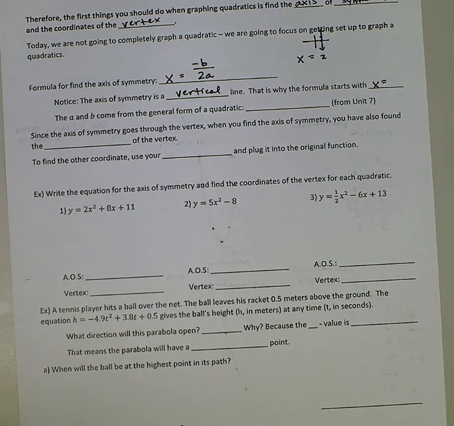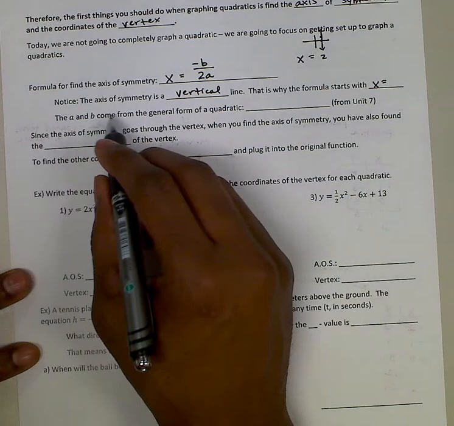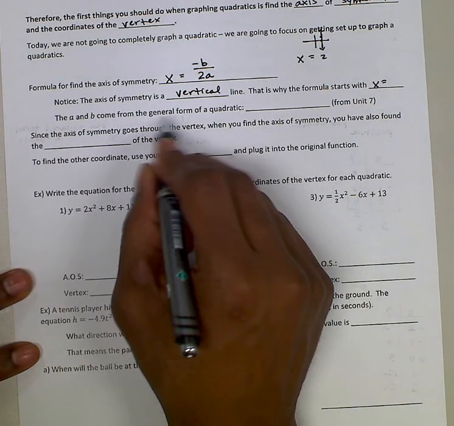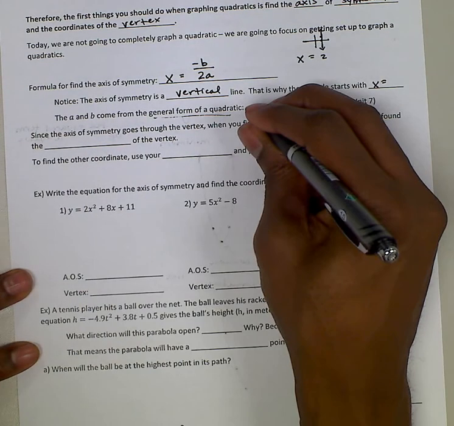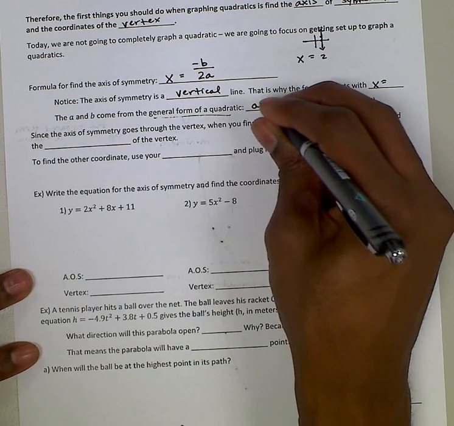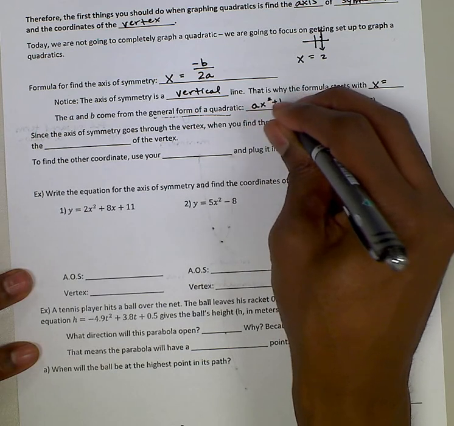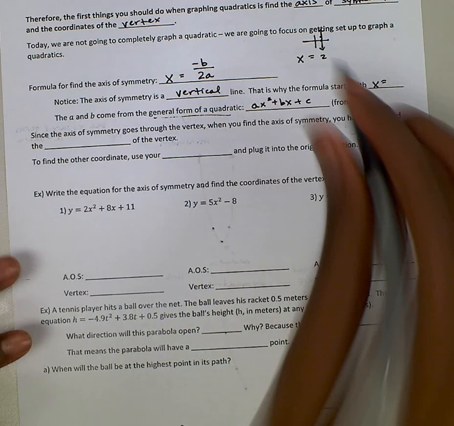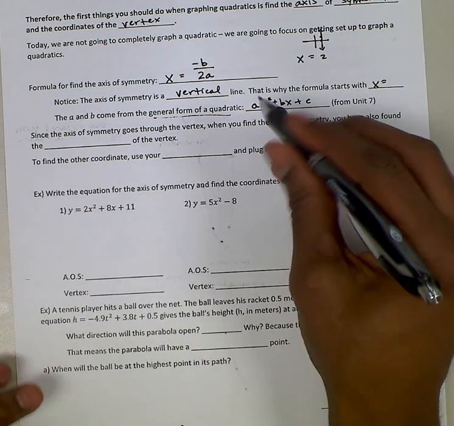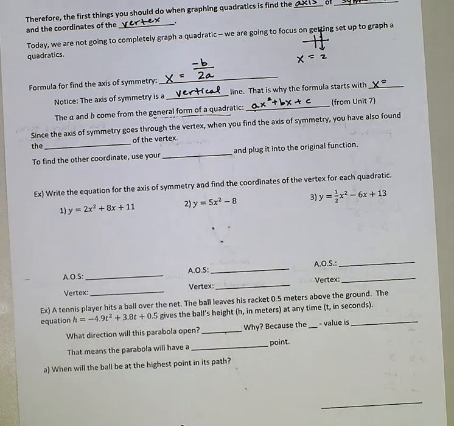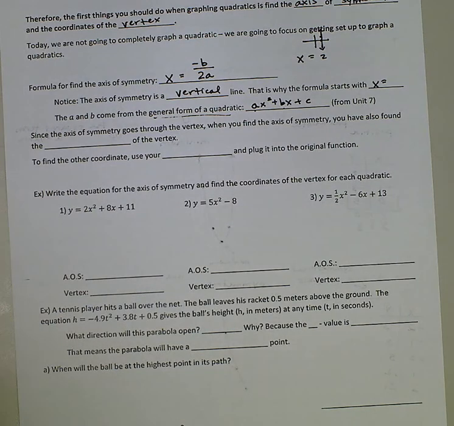Now notice that the a and the b come from the general form of a quadratic. Remember in our factoring chapter, when we looked at quadratics, we had ax squared plus bx plus c. So a and b come from those places in our formula.